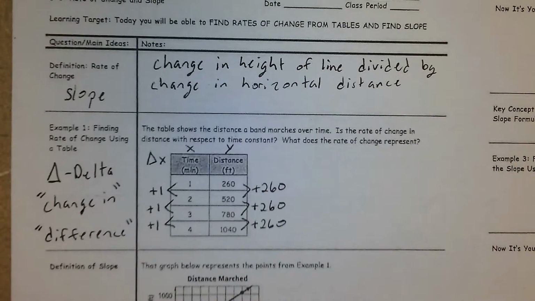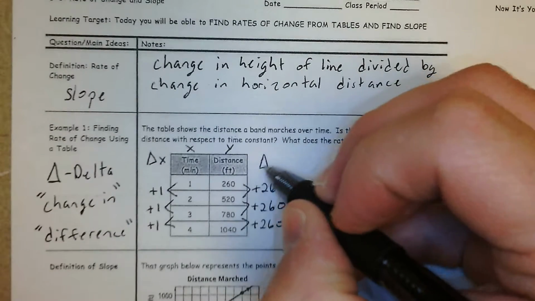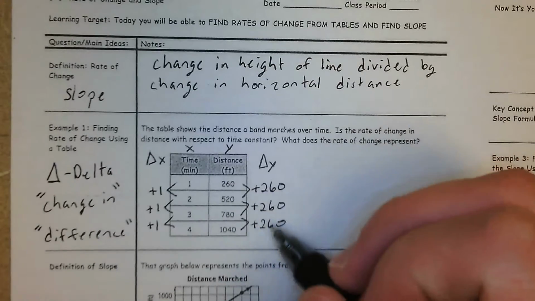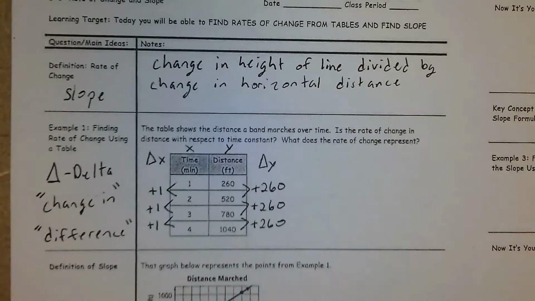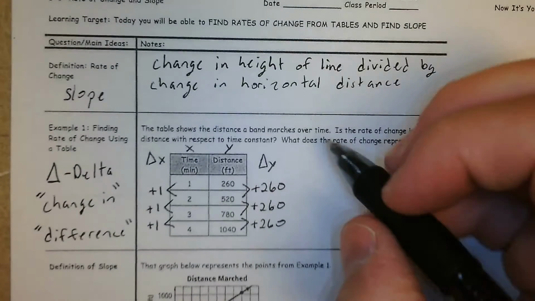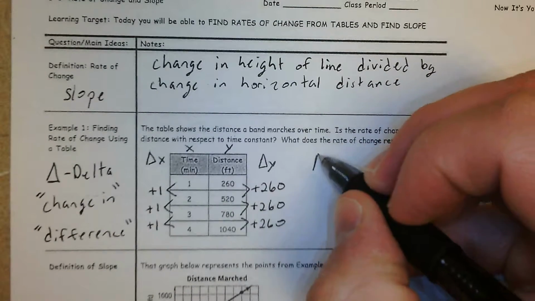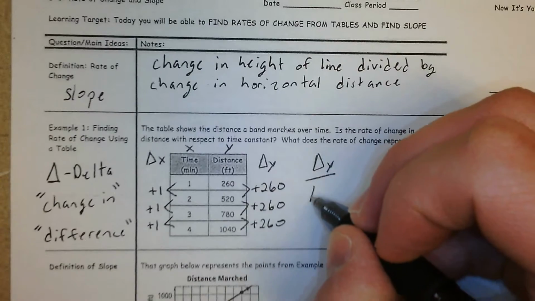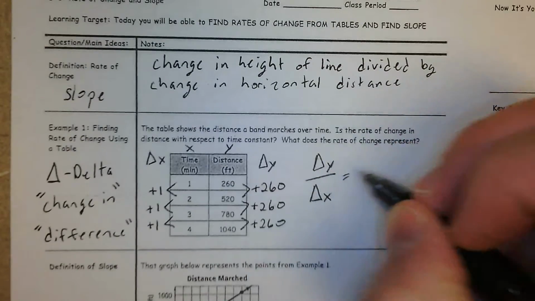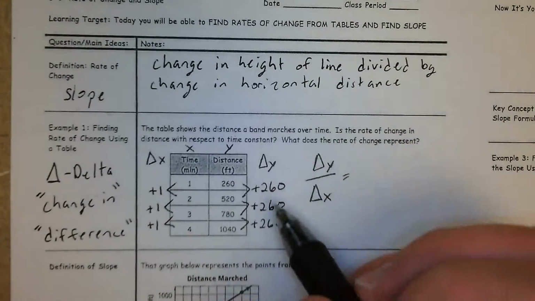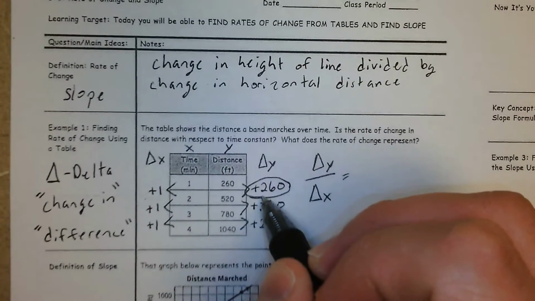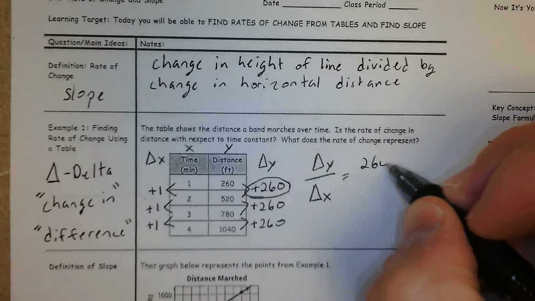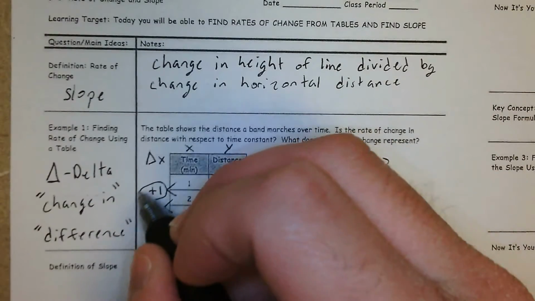So if we notice, my change in y is the same every time my change in x is the same. That means my ratio is the same. So if I take my change in y divided by my change in x, we would take 260 divided by 1.